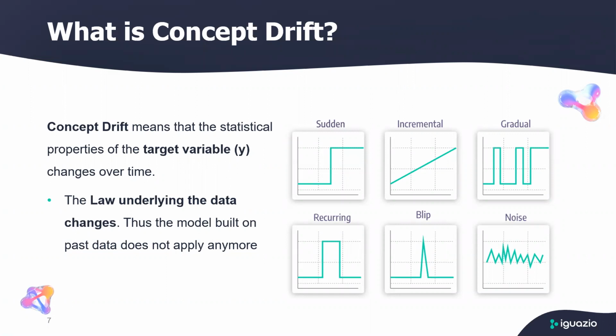It could be incremental. It could be seasonal, for example. In the summer, people behave in a certain way. In the winter, in a different way, and so on. So we have to understand those different potential behaviors of our drift. But all of those are going to lead to essentially a situation where our model doesn't behave as we anticipated.